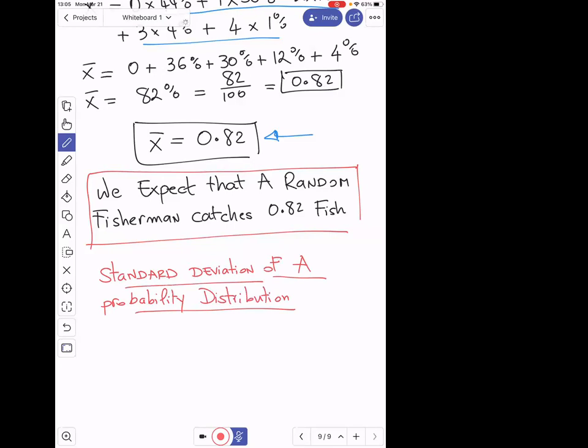So again, in this case, your X is a discrete variable.